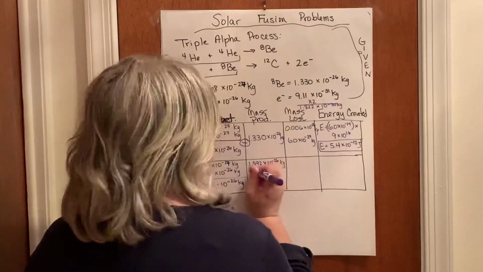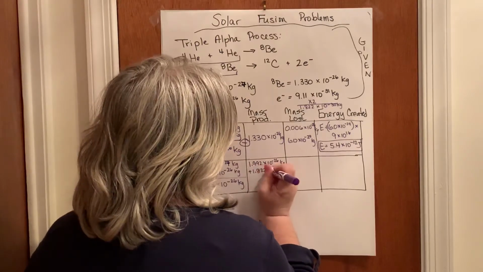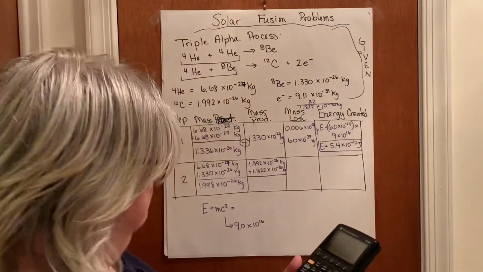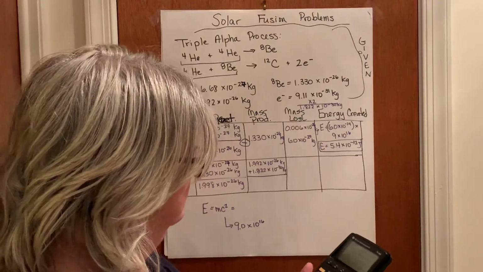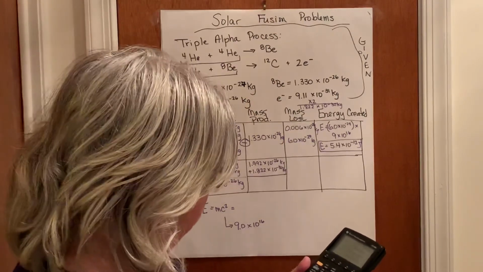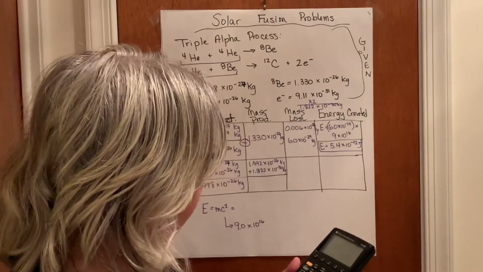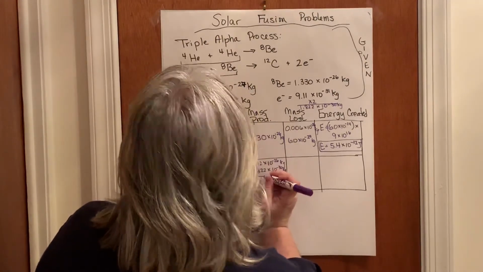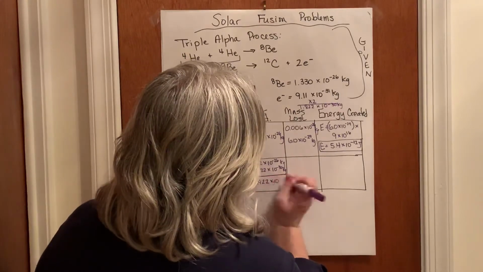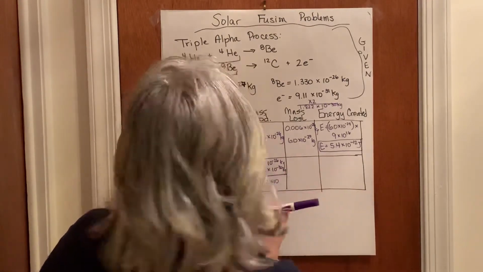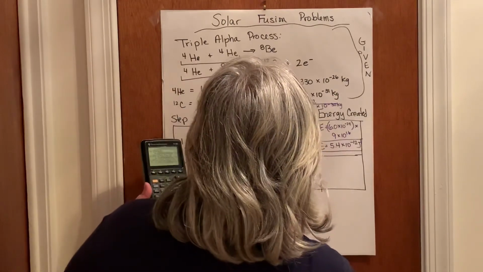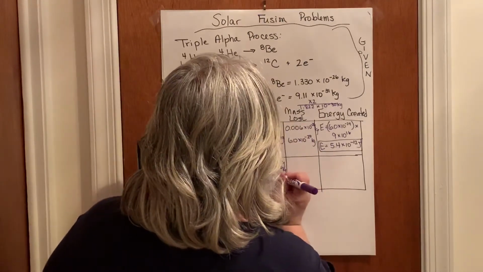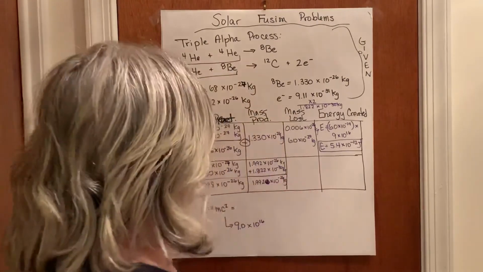So, 1.992 times 10 to the negative 26 plus 1.822 times 10 to the negative 30th, and I get 1.992 times 10 to the negative 26 kilograms. So really it didn't change.